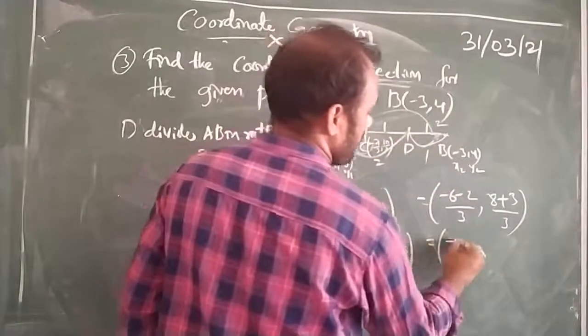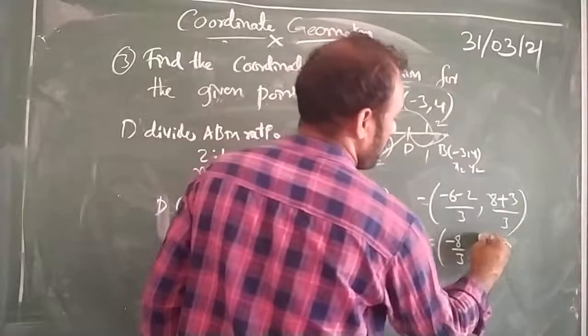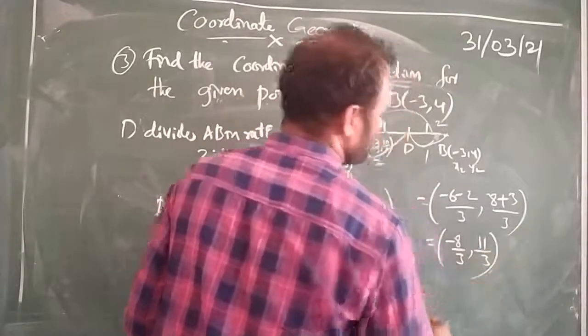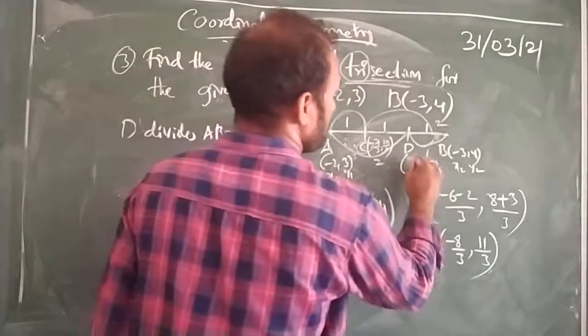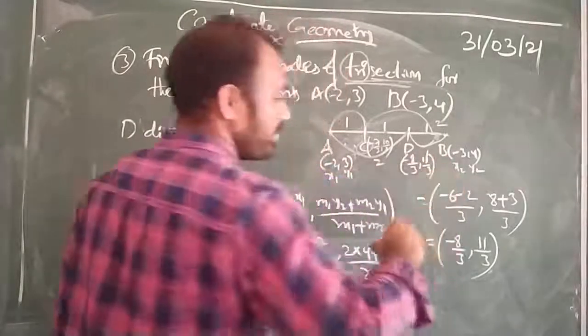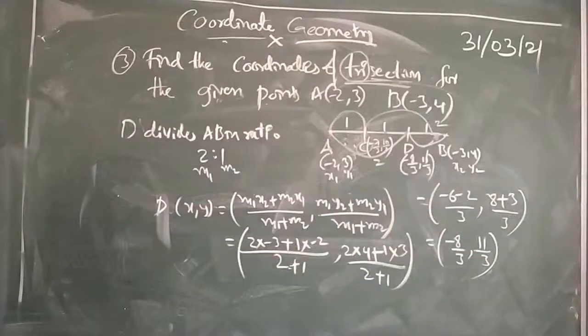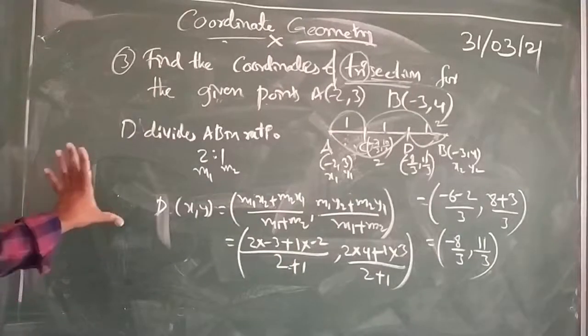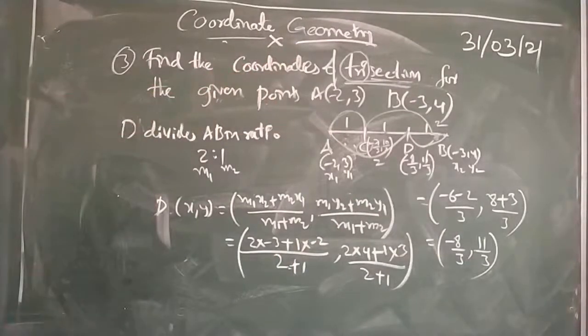So that is minus 8 by 3 comma 11 by 3. So these are the coordinates of D, minus 8 by 3 comma 11 by 3. So this is the way of finding the coordinates of the points of trisection.